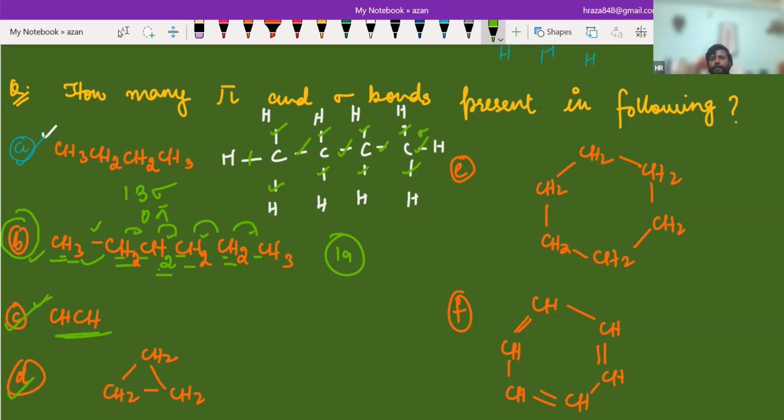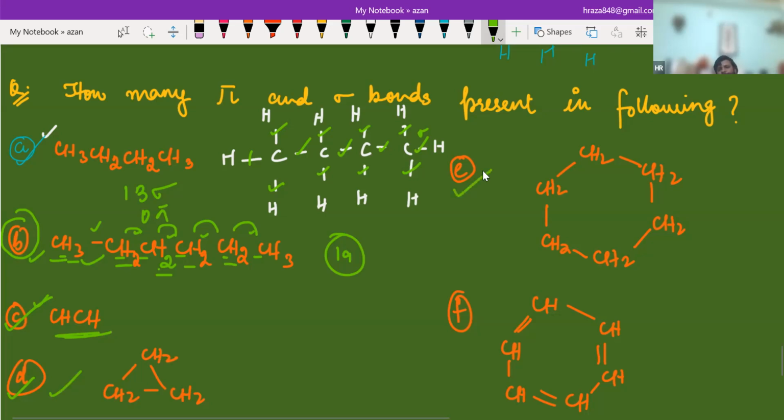Can you tell me about this? How many sigma and pi bond? Very good.